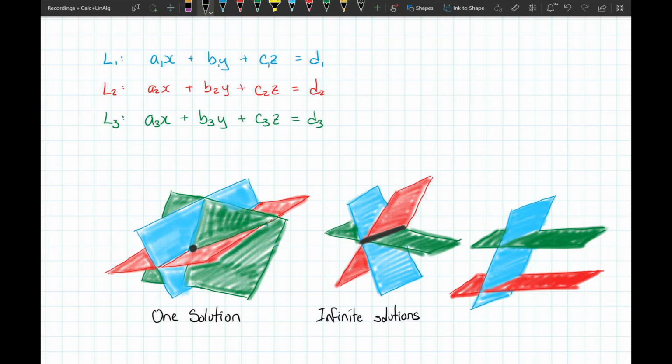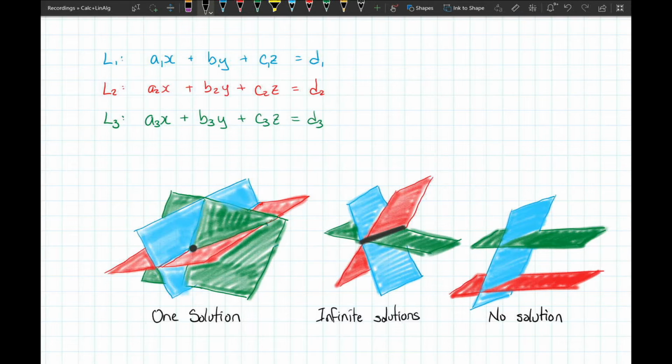Blue and red planes intersect each other. And it's actually conceivable that the green and red planes may intersect each other if you extended them out far enough. But they're definitely not going to all intersect in one consistent spot, and so this would be corresponding to no solution.